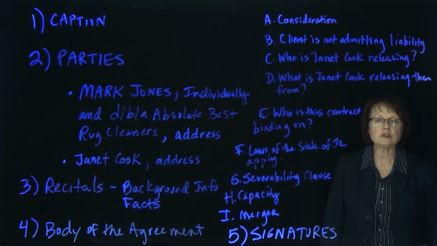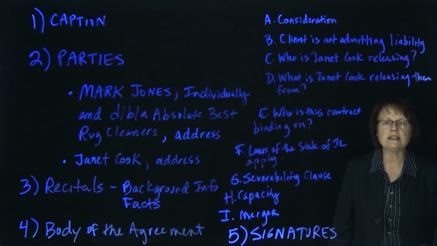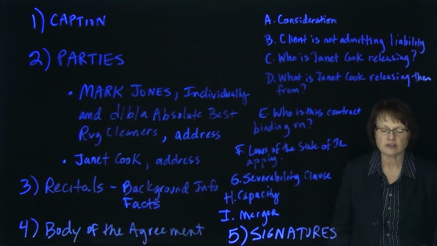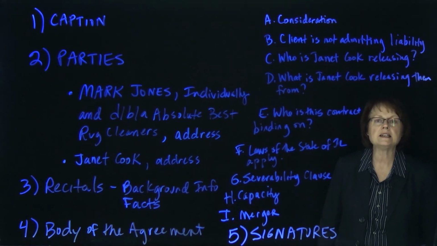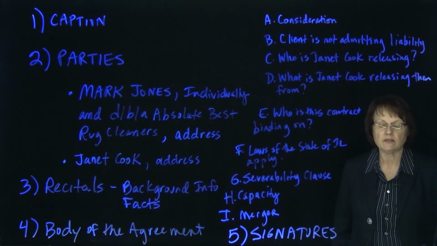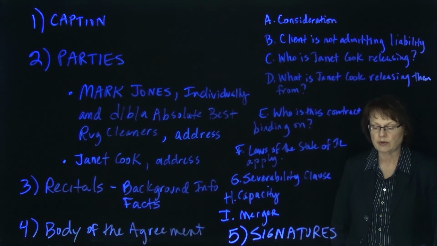So even though their full signature appears at the end of the agreement, we see their initials on every single page. So that's something that we typically see in a longer agreement, certainly not necessary with this release of liability, but something I want to point out to you as well.